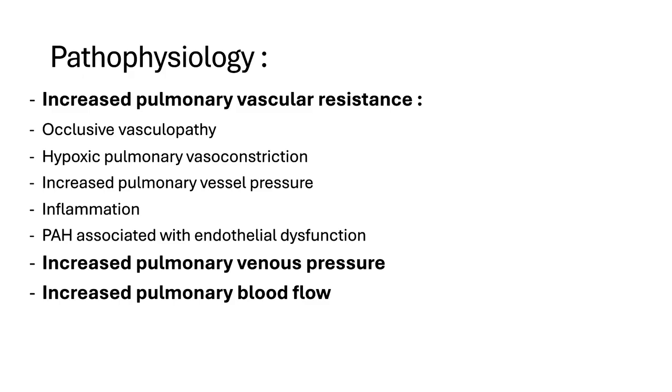Increased pulmonary blood flow is also another mechanism in the pathophysiology of pulmonary hypertension, which can be, for example, due to portopulmonary hypertension or the presence of some congenital pathology like left to right shunts, which is present in atrial septal defects or in ventricular septal defects, for example.